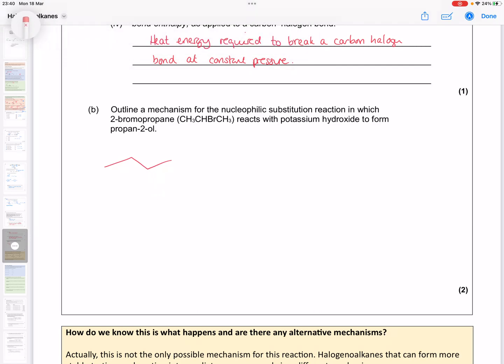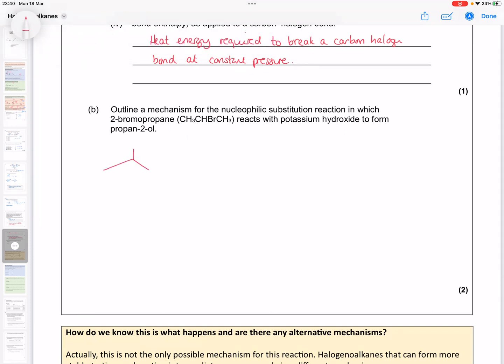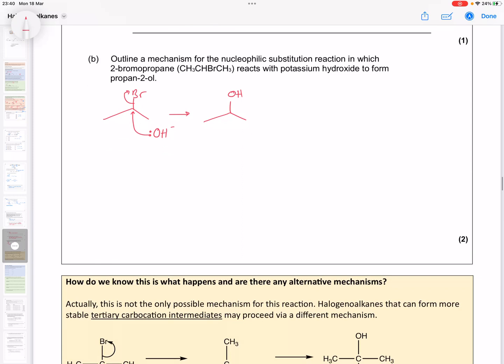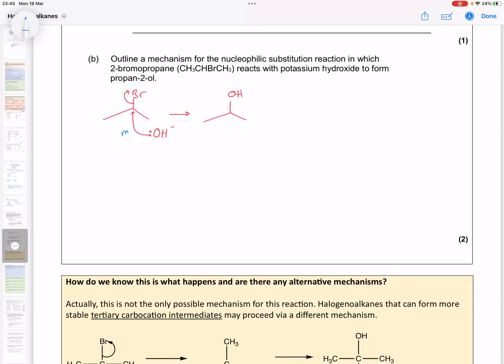So what I mean about just adding up your bonds, it's easy done. 2-bromopropane, and our hydroxide is going to come in here, and that's going to produce our propan-2-ol. 2 marks for that, obviously.